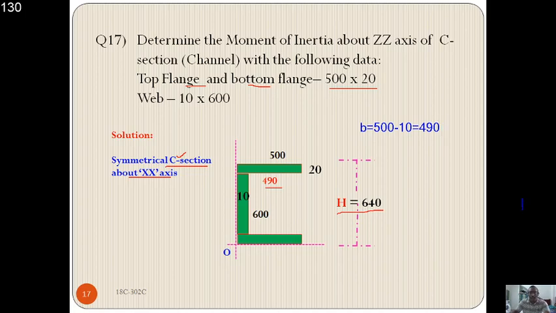And capital H is equal to 20, the thickness of the flange, into 2 for the 2 flanges, plus 600, the web height, therefore 640. So these are the values we obtained for b and capital H.